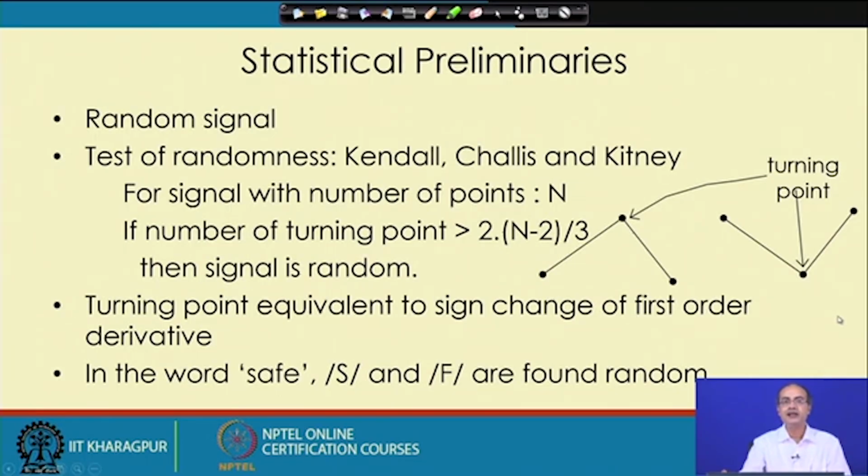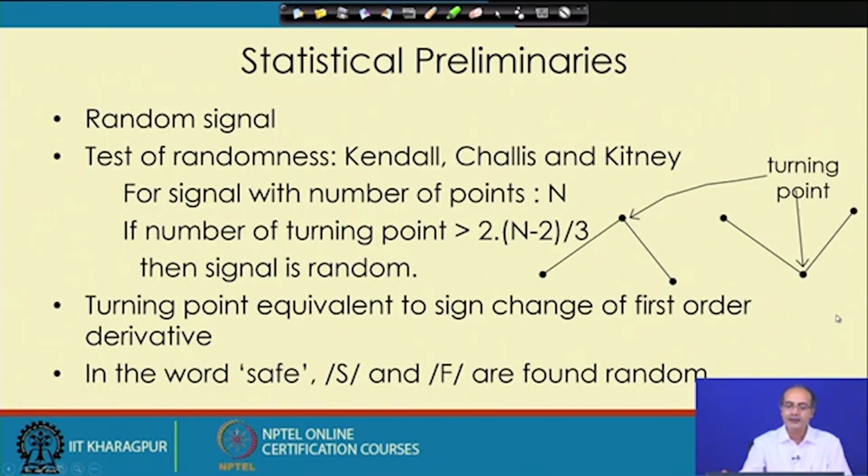But given a signal, how can it be tested whether it is a random signal or a deterministic one, especially when there is no particular shape of the signal? For that, the statisticians have given some tests. For example, Kendall, Chalice and Kidney have given a test of randomness.